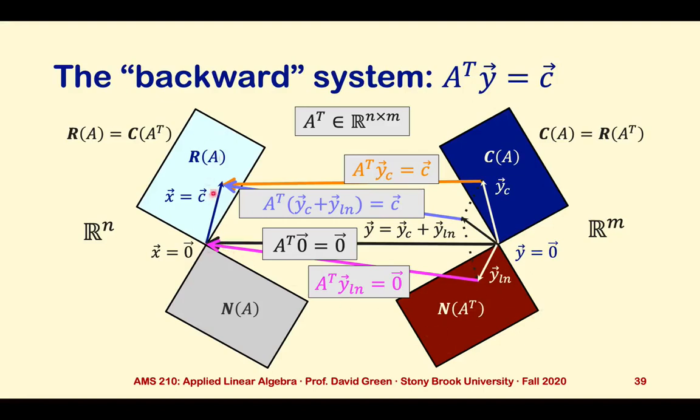And for non-zero elements of the row space, A transpose y = c has a unique solution that lives in the column space. And if we have a non-trivial left null space, there are additional solutions that can be written as a sum of a column space vector and a left null space vector.